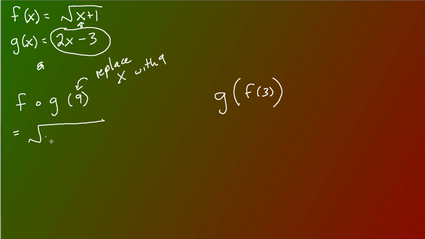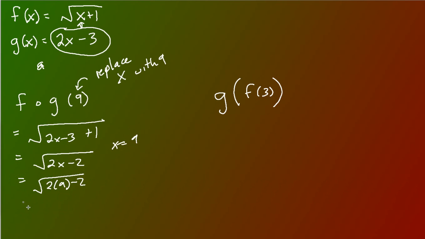So next would be x, so 2x minus 3. And then I have a plus 1. Now I'll simplify that, and 2x minus 2. And I'm going to evaluate x equals 9. So square root 2 times 9 minus 2. 18 minus 2. Square root 16, which is 4.